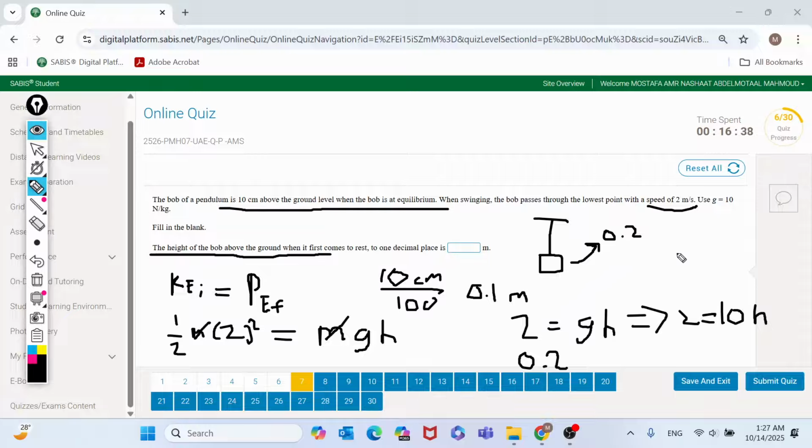So 0.1, the distance from here to the ground, plus 0.2 equals 0.3. The answer is 0.3.